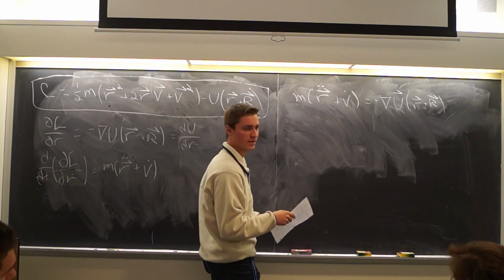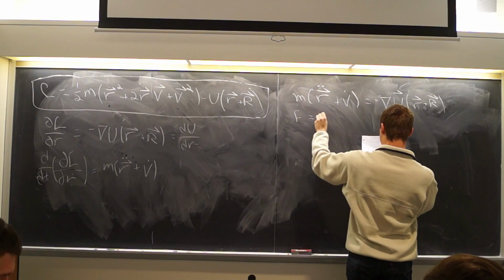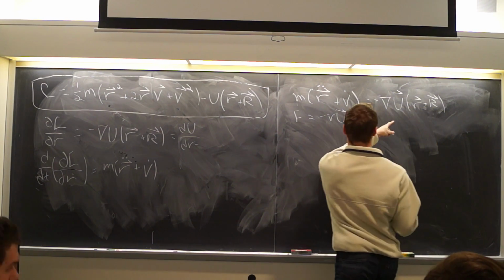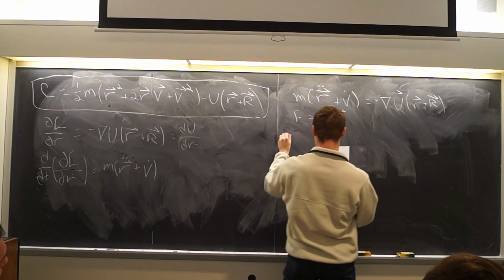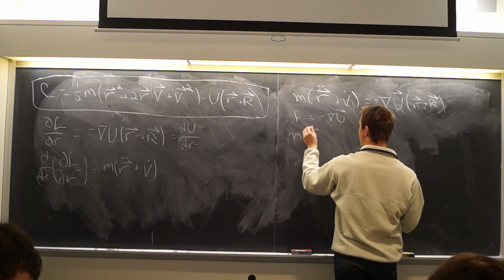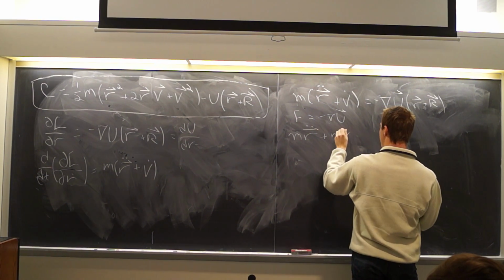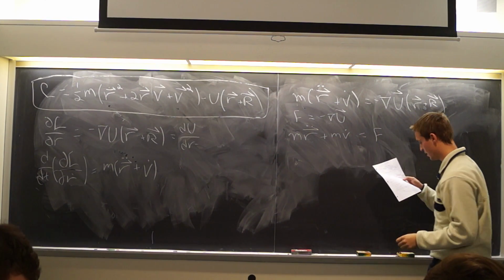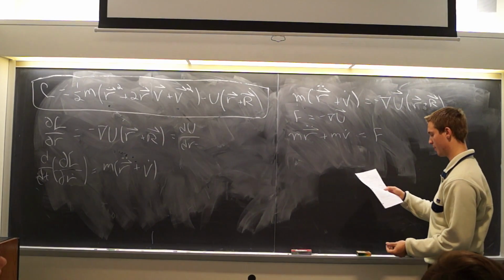By definition, force is the negative gradient of the potential, so you can just plug that in. If we multiply this out into its two components, we've got m R double dot plus m V dot equals F. We're told to separate out the inertial force.